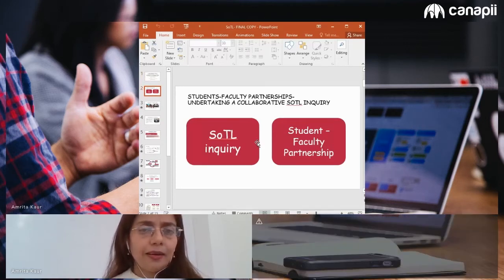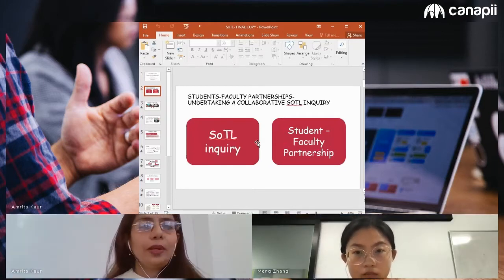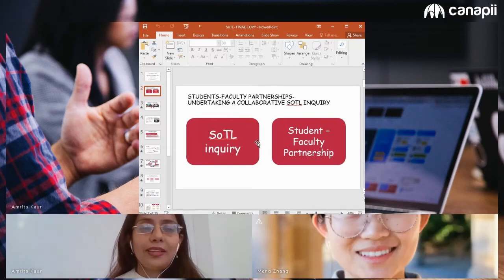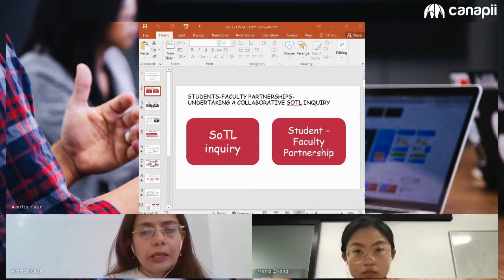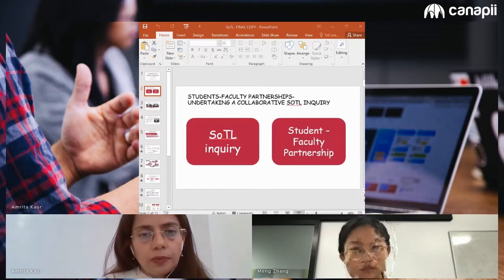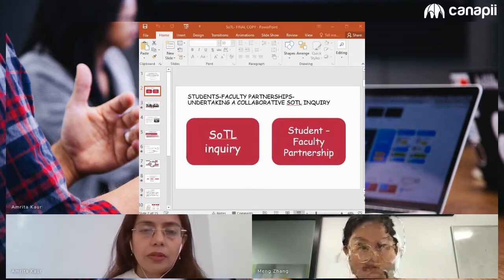Through this slide, I'm trying to communicate that SoTL inquiry is an important focus, but what is important here is how we brought students together to collaborate.